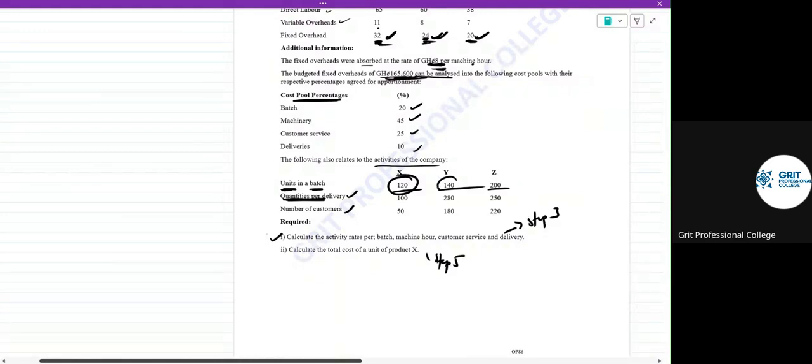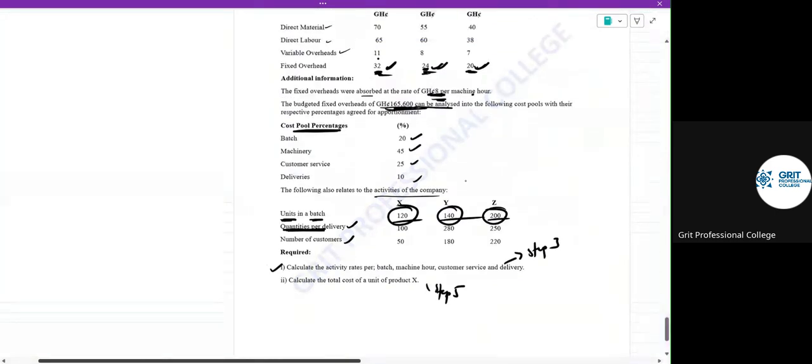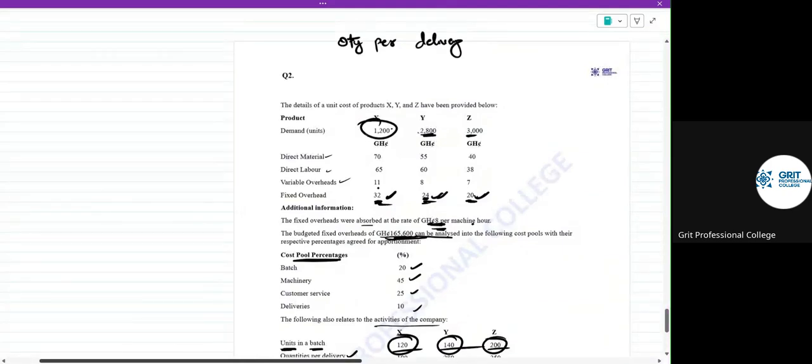For Y, we will find 140 products inside it. And for Z, we will find 200 products inside a batch. But the 120 units, 140 units, and 200 units only relate to a part of the entire 1,200, 2,800, and 3,000 respectively.